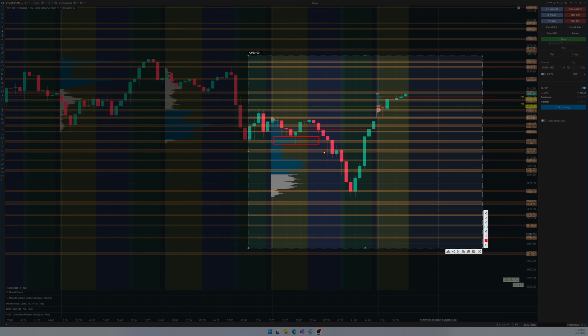I guess this one is going to be moved out. This one is a good one. It's the beginning of the high volume zone here. When the market goes back, there is a reaction to be expected.